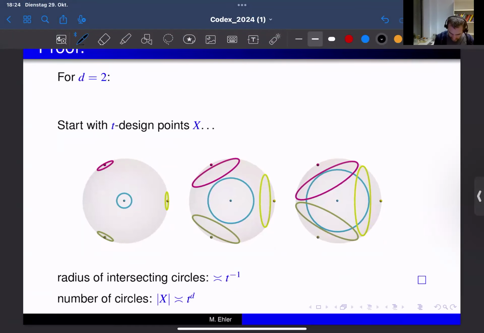So essentially, I get a curve whose length is something like t to the d times t to the -1, t to the d minus 1. Okay. I haven't shown you this, but there is a way to connect point evaluation with integration over the circle that is centered at this point.